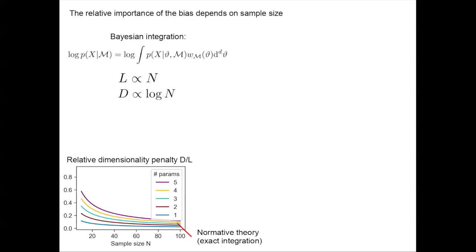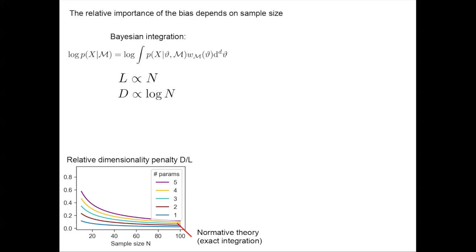So in this scenario, if you consider the ratio between these two things, the relative penalty typically goes down as you increase the sample size. It goes down in a particular way that depends on the model.